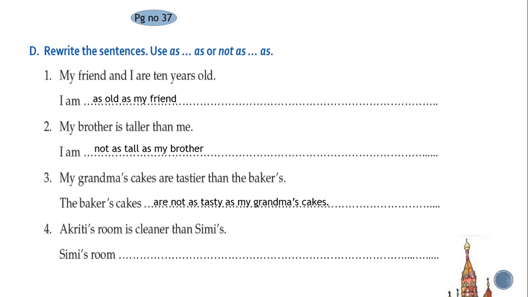Last one, Akriti's room is cleaner than Simi's. So Simi's room is not as clean as Akriti's room. Understood? So if it is the same, then you will use as plus adjective plus as. But if it is different, you will use not as adjective as.